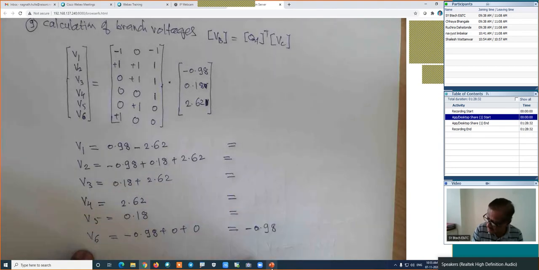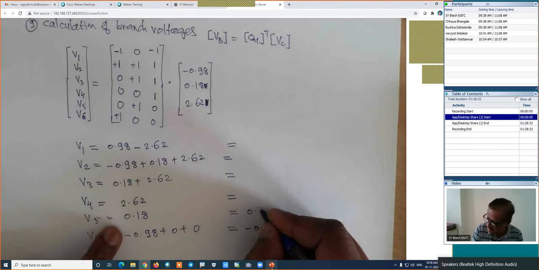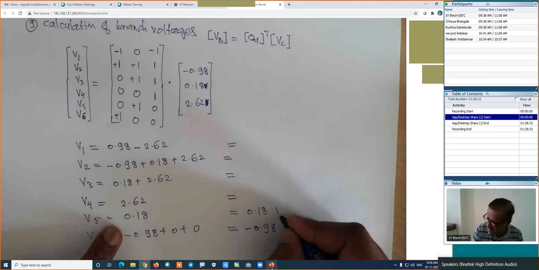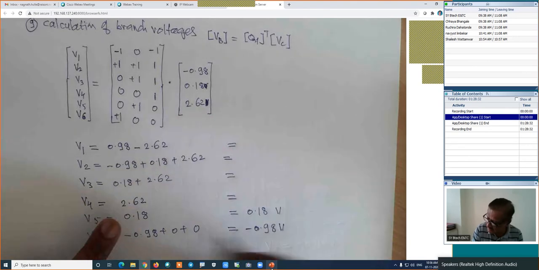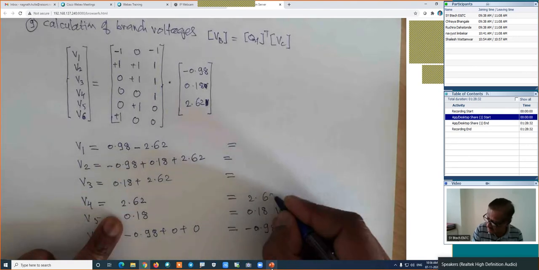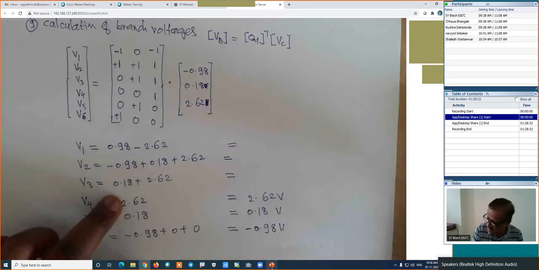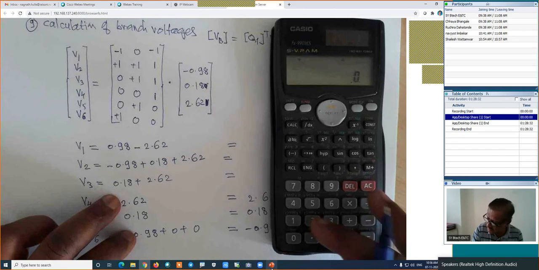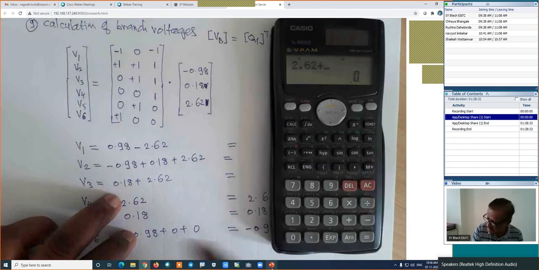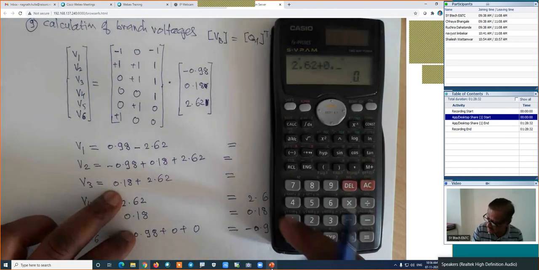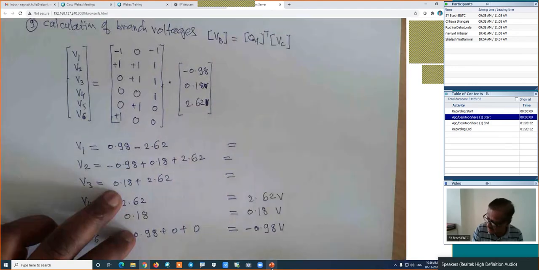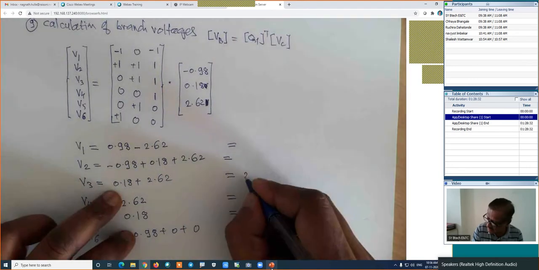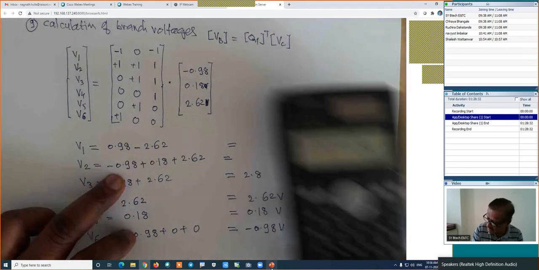This value is 0.18 volt. This value will be 2.62 volt. This value 2.62 plus 0.18 is 2.8. What is the next value?